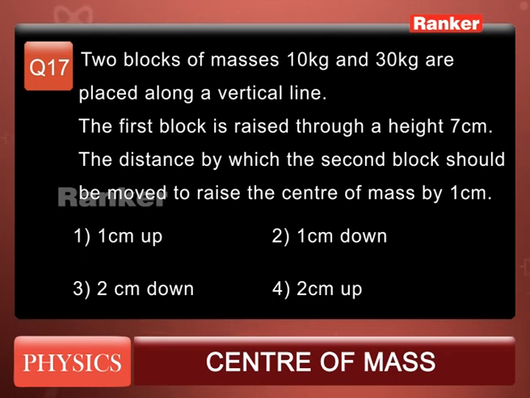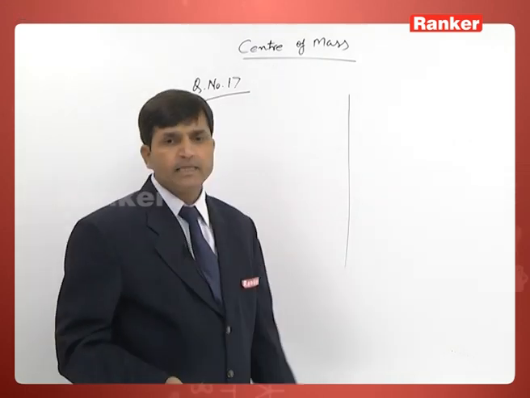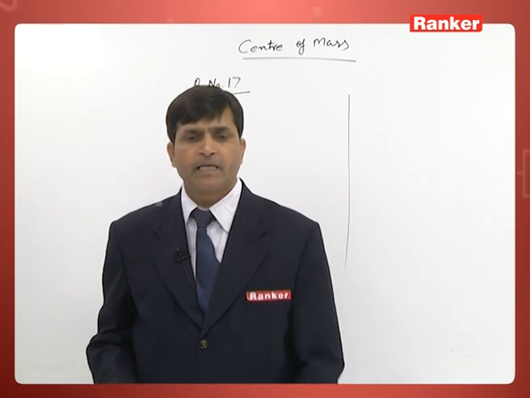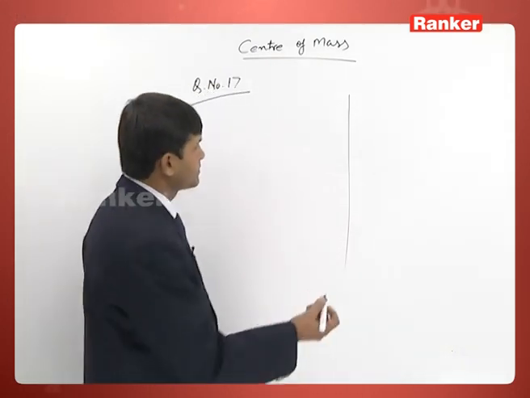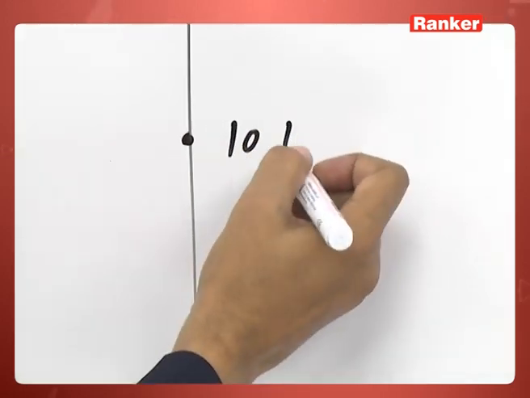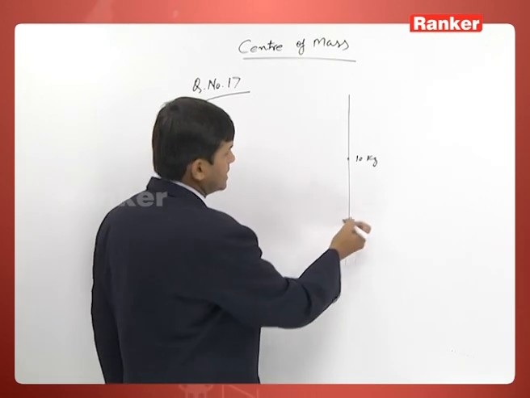The first option is 1 centimeter up, second option 1 centimeter down, third option 2 centimeter down, and fourth option 2 centimeter up. See, let this be your vertical line, and it is given two blocks of 10 and 30 kg are placed along the vertical line. See, let this be your 10 kg block and another your 30 kg.